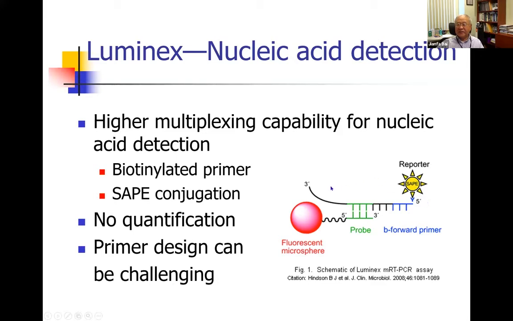So only those amplified will hybridize to the beads. So you have two signals here. One is the color of the beads, which tells you which pathogen it is, and the biotinylated primer tells you if it's positive or negative. The major advantage of this one is multiplexing capability.